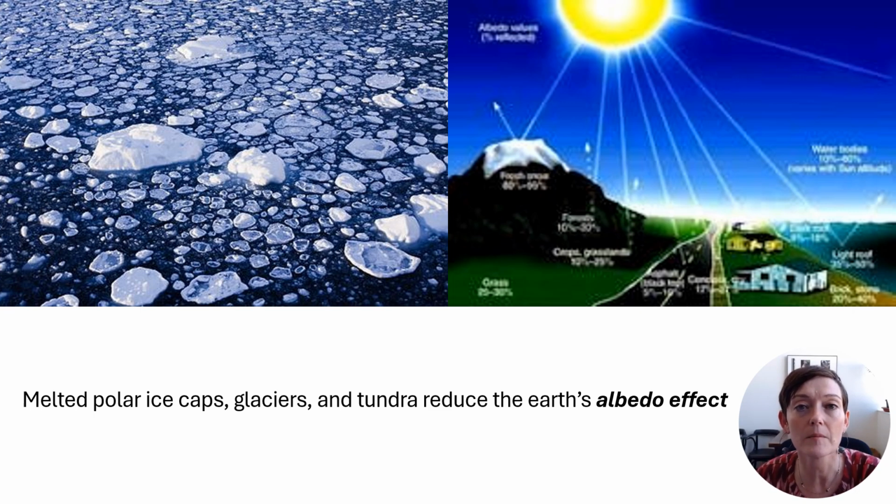There is a very important term that I'd like you to learn, which is called the albedo effect. Albedo means white, and the albedo effect is all of the snow and the ice caps and the permafrost and the glaciers, anything that is white or lighter colored on the surface of the planet will actually reflect sunlight back into the atmosphere, and that helps us keep some of the sun's rays out of our system.